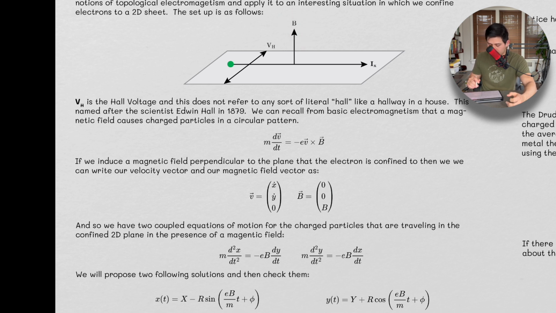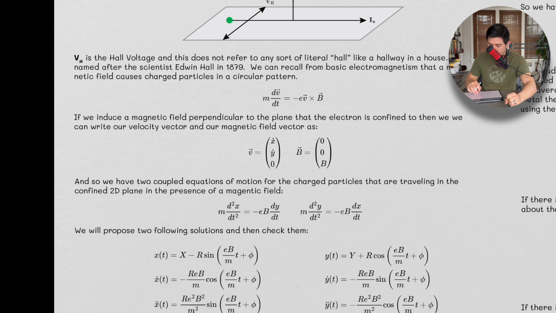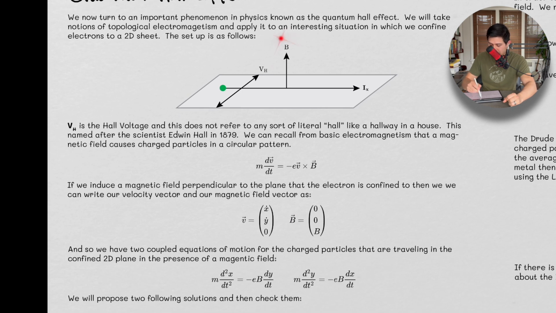Okay. So if our particle is traveling in only 2 dimensions, right, we only have x and y coordinates. So the velocity is the velocity in the x direction, the velocity in the y direction, encapsulated in some vector. Okay, and then we're going to apply a perpendicular magnetic field.